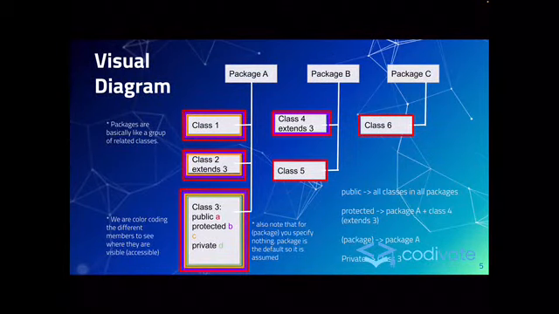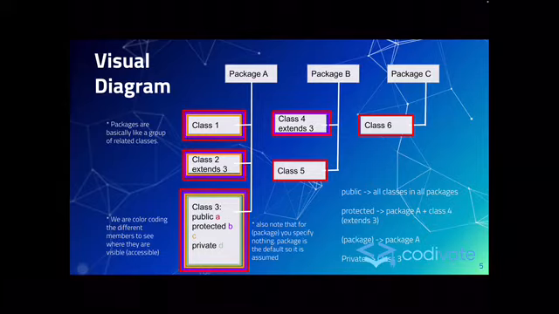Here's a more visual diagram of what would be going on. Let's say you had 3 packages, package A, package B, and package C. In package A you had class 1, class 2, class 3, package B has class 4 and 5, and package C has class 6.